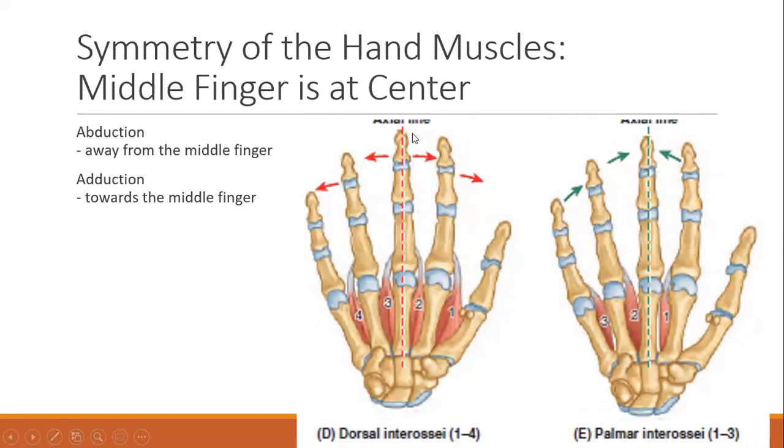If you're simply opening and closing your fingers, the middle finger just doesn't move all that much, versus if you're intentionally trying to move the middle finger, you have to think about moving it. Since the middle finger is the middle of the hand, for symmetry, the middle finger at rest is adducted, whereas any movement of the middle finger is abduction because it is at the center of the hand. So this comes into play when we're thinking about our palmar interosseous muscles and our dorsal interosseous muscles.